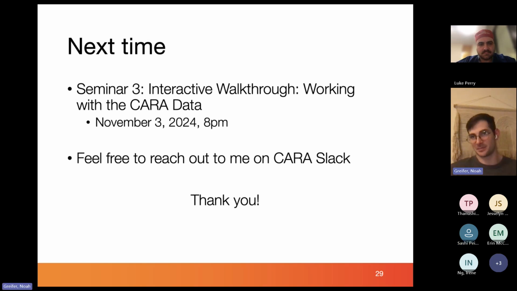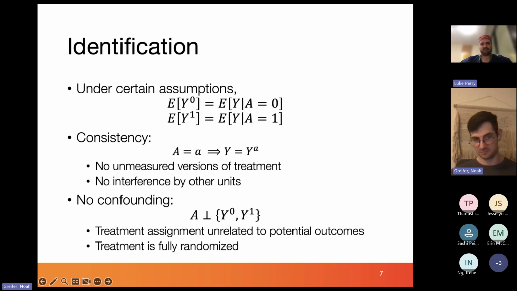So if we had a randomized control trial, we wouldn't need to do matching or weighting because our samples would already be balanced, which is to say there would be no association between any variables and our treatment, and we would meet the assumption of no confounding, which allows us to simply estimate the average causal effect as the difference in means using this estimator or this equality.